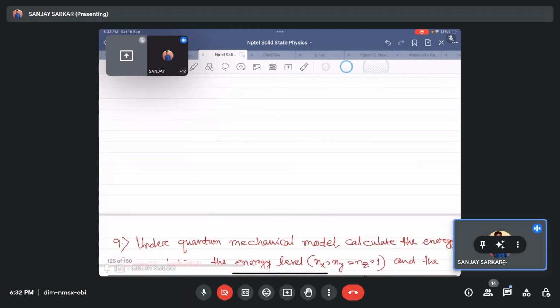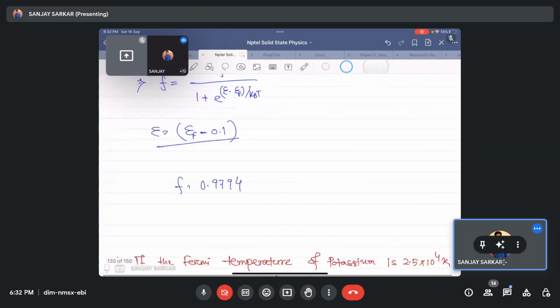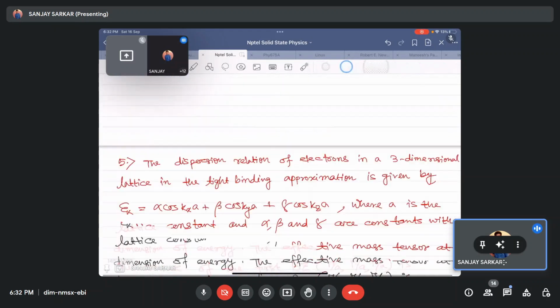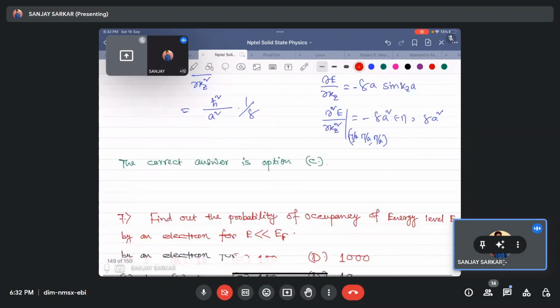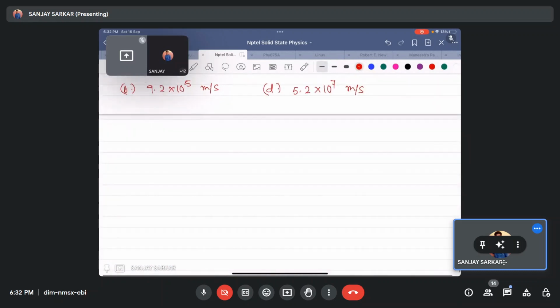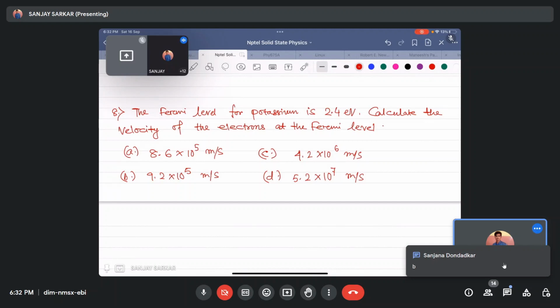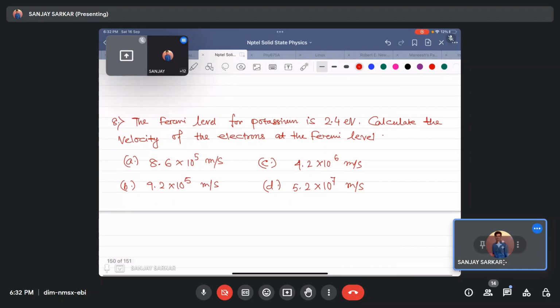So we did not solve this problem, so please solve this problem. If you were present in the last class, you can definitely solve this one. Fermi level is given, you need to solve. Option B. Yes, this is option B.